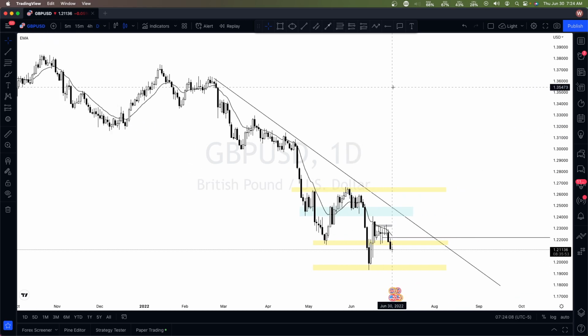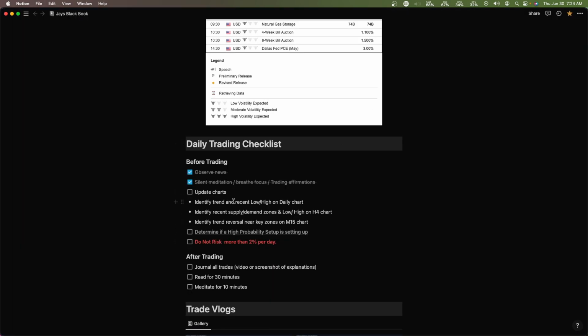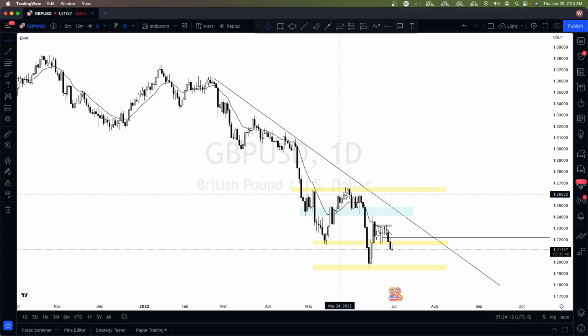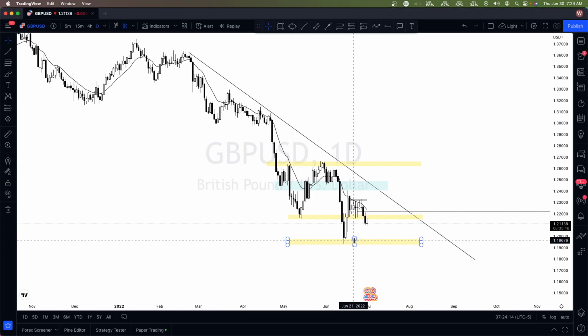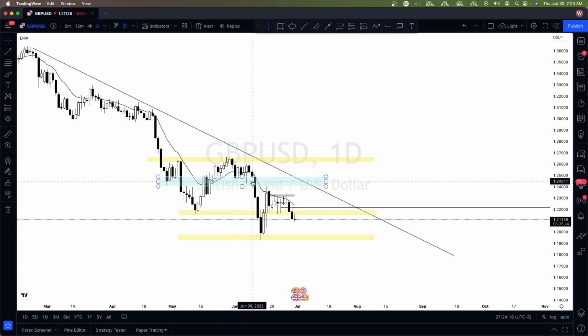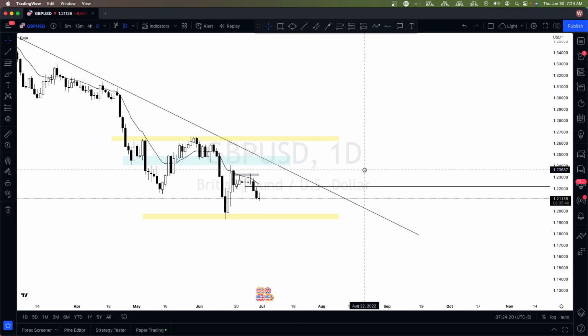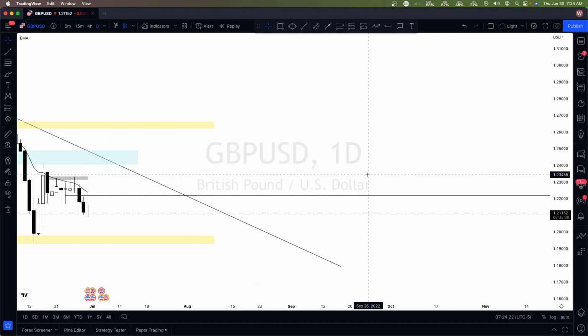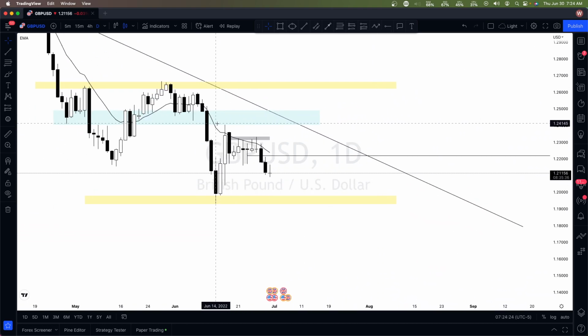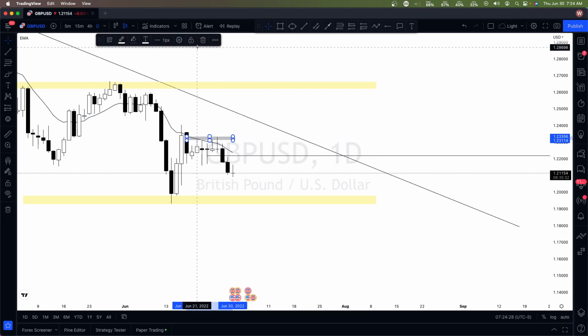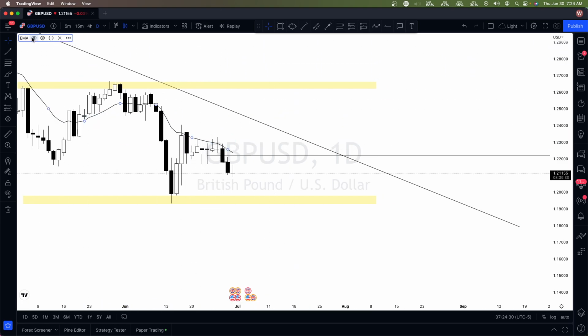First up, identify trend and recent low high. So, still in the downward trend on a daily chart. I'm gonna take away this. This is the most recent low. And I'm gonna take away this one just to clear it up. Turn off the EMA for right now.